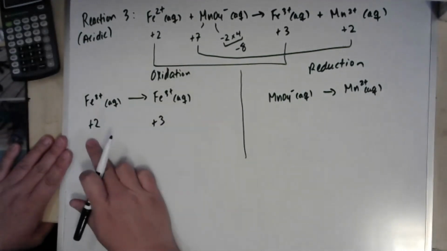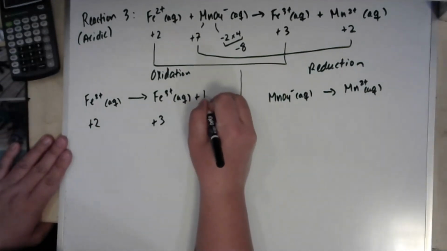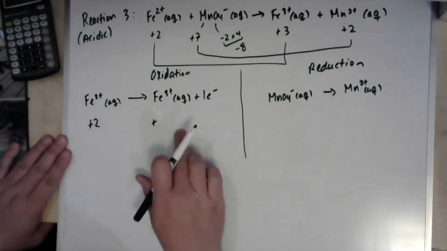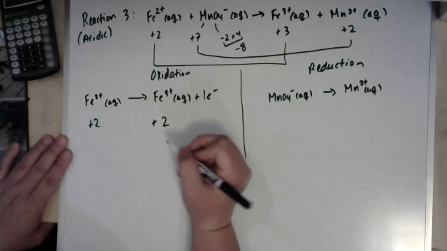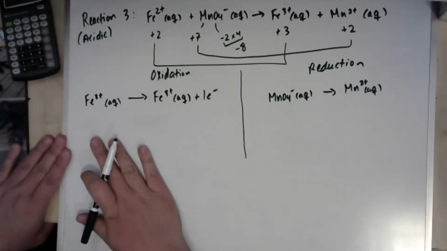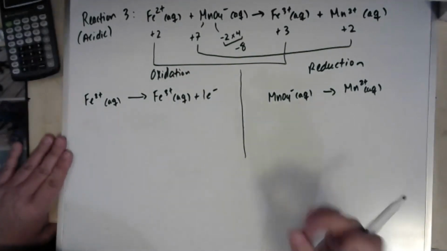So we have a charge of +2 here and a charge of +3 here. So I'm going to have to add 1 electron to my product side to make the charges on the reactant and product side the same. Okay. So now my oxidation half reaction is ready to go.